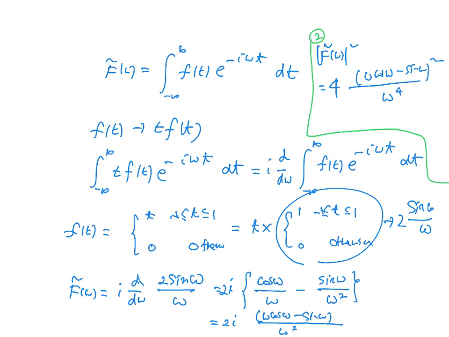Maybe we have a space here. Four times the integral from minus infinity to infinity of (omega cosine omega minus sine omega) squared over omega to the fourth d omega.